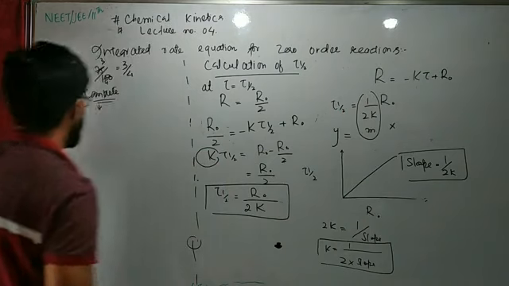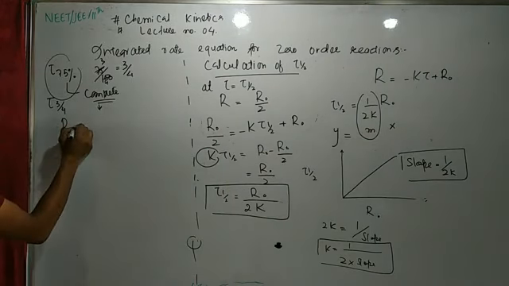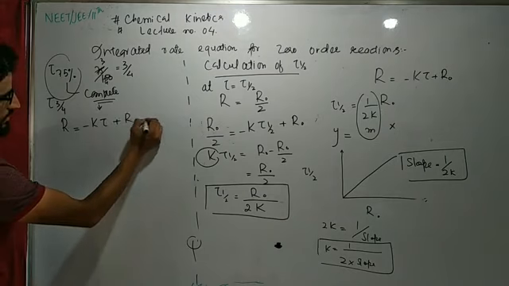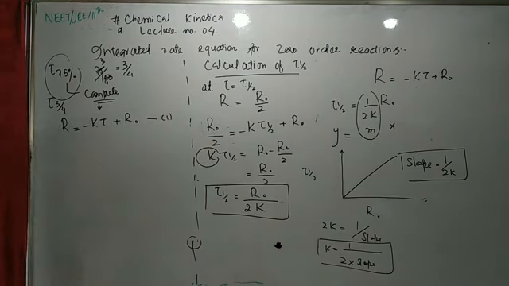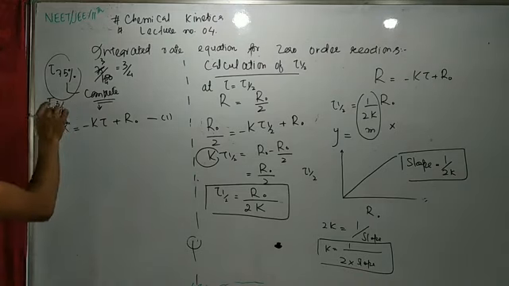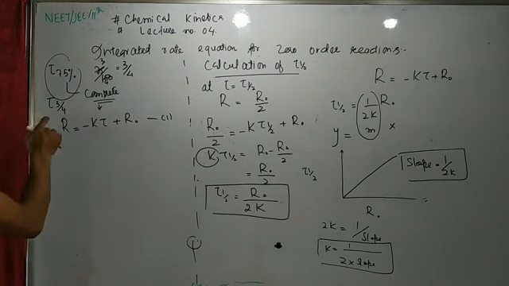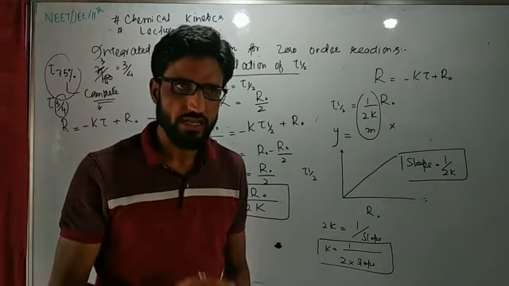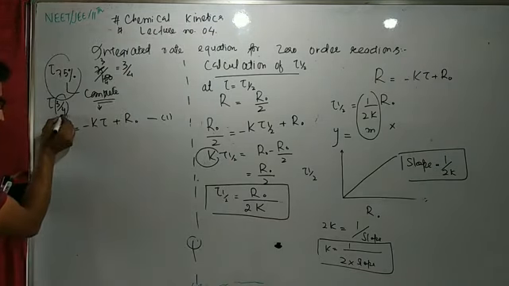Now what is R? R is the concentration of reactants at time t. You can calculate it from this general equation for zero order reaction. When t is equal to T75%, or T3 by 4, that means 75% of the reactants are converted into products. What will be the value of R?